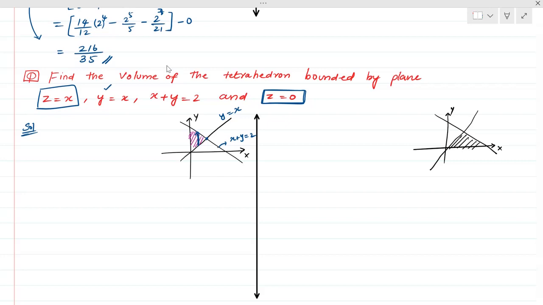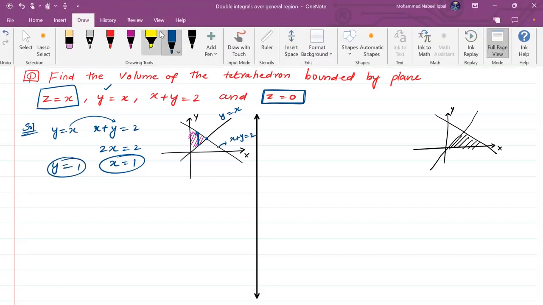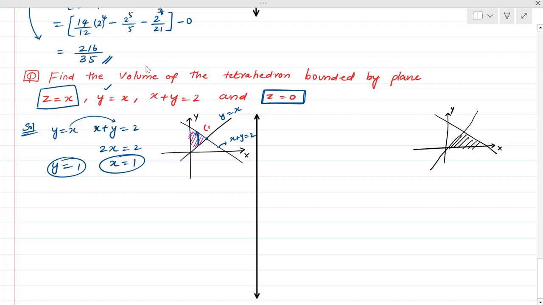First of all, I will calculate the intersecting point. With y equal x, and x plus y equal to 2, I substitute y as x, so it becomes 2x equal to 2. So x is equal to 1, and when you substitute, y is equal to 1. Therefore, the point of intersection is (1, 1).